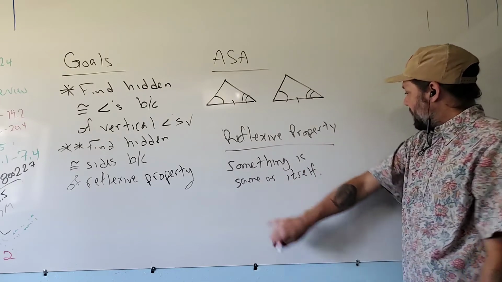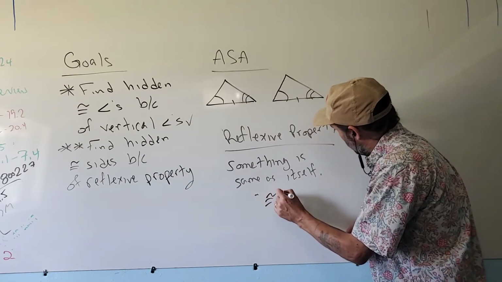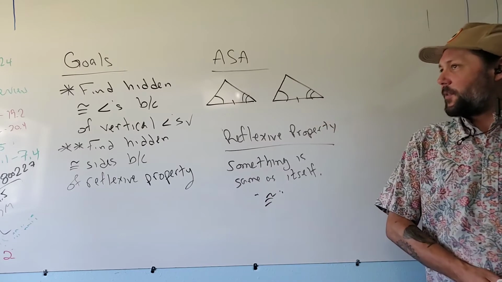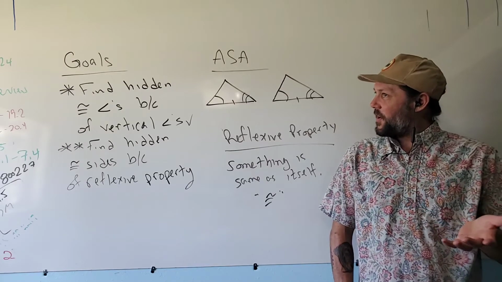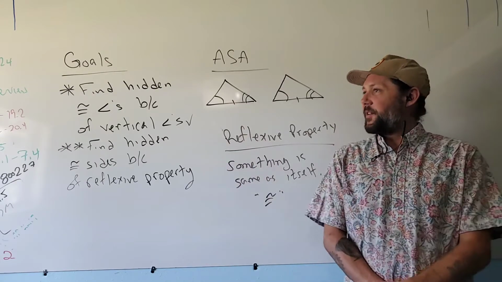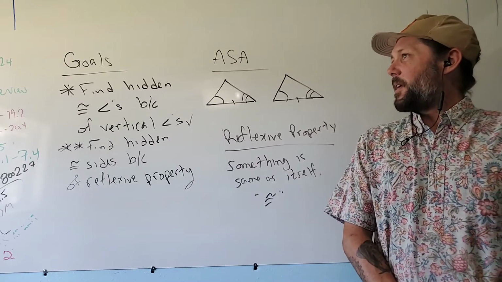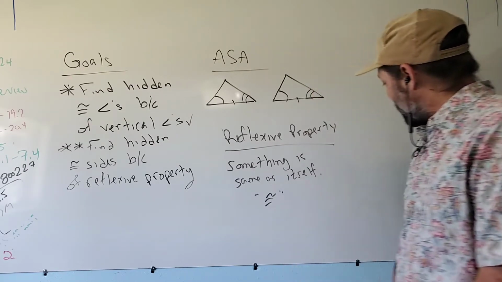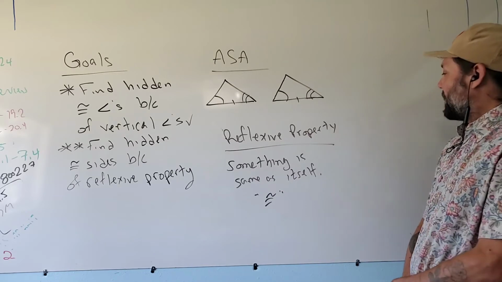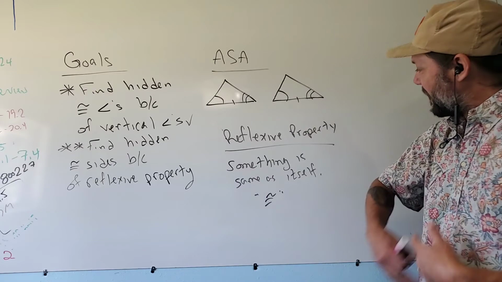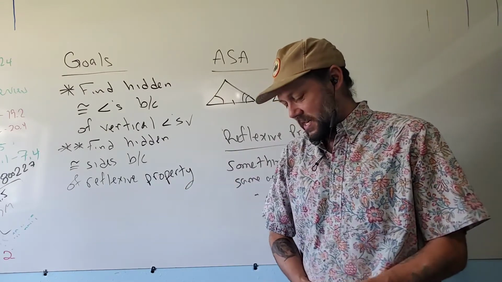And if something is the same as itself, we're basically saying that thing is congruent. So when you're looking at yourself in the mirror, you can honestly say, dang, I'm looking congruent today, because your reflection in the mirror is the same size and the same shape. Unless you have a wacky mirror, and then we're now talking about dilations. But again, something is the same as itself. It's a way that we can talk about congruence, and it's a way that I'm going to hide a congruence in a shape.